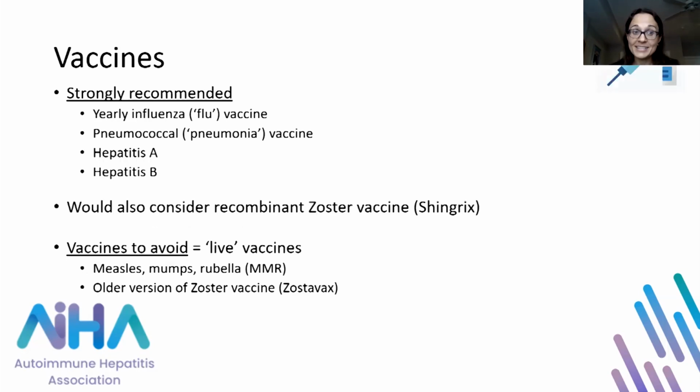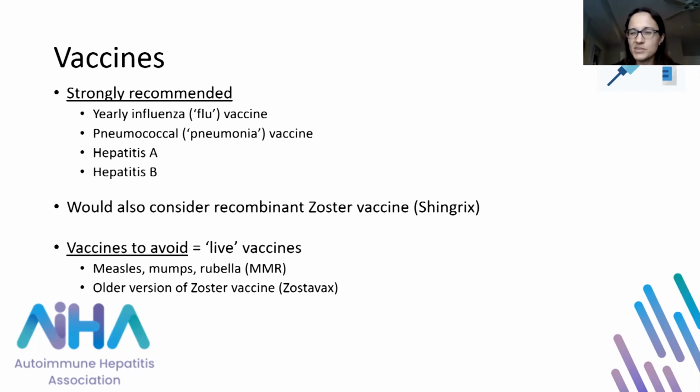What about vaccines? It is strongly recommended that you receive the yearly influenza or flu vaccine, as well as the pneumococcal or pneumonia vaccine, and vaccination against hepatitis A and hepatitis B. Many patients may actually already be immune to hepatitis A, especially folks that are a little bit older. It was very common to be exposed to hepatitis A in childhood.